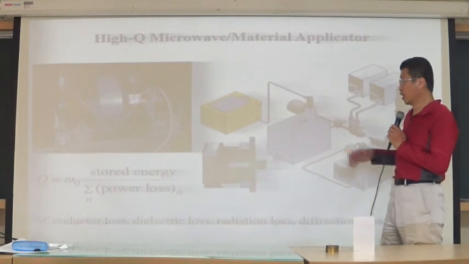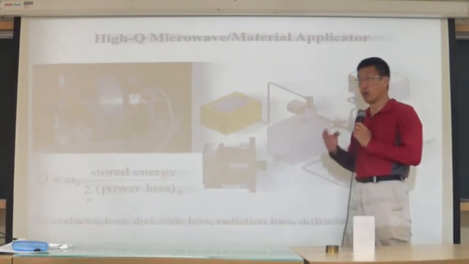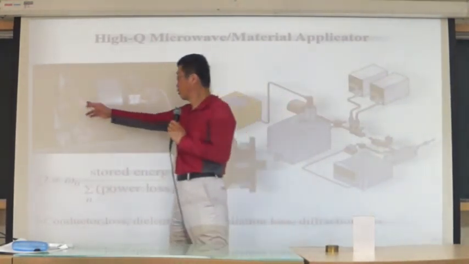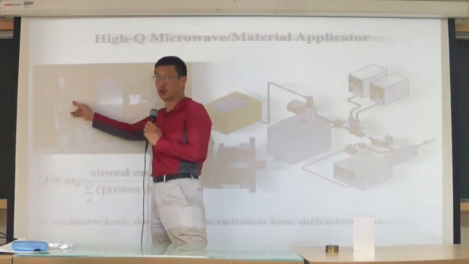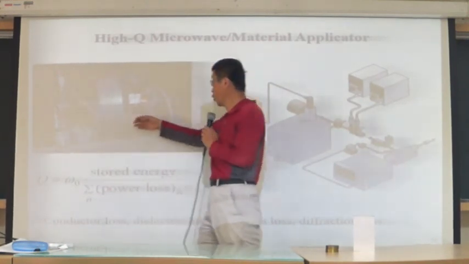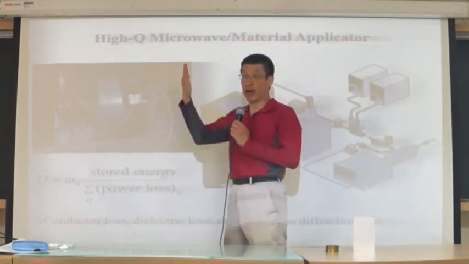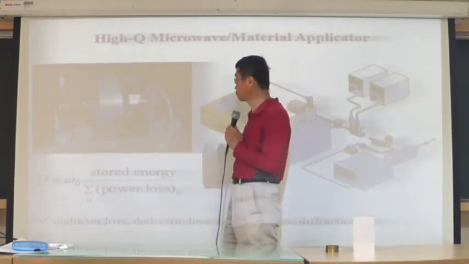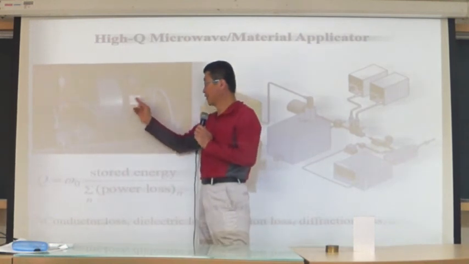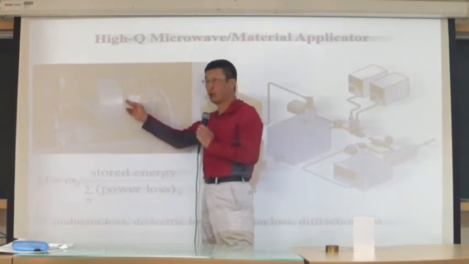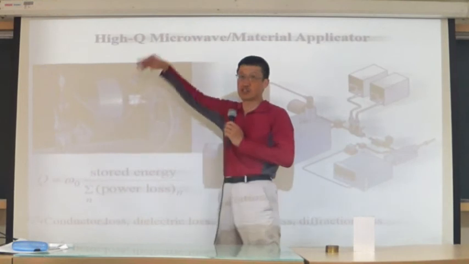In this case, we will have reflection loss due to coupling. We will have conductor loss from the plane mirror and spherical mirror. We will have dielectric loss. We will have radiation loss.